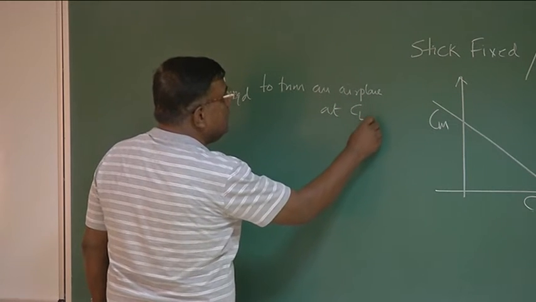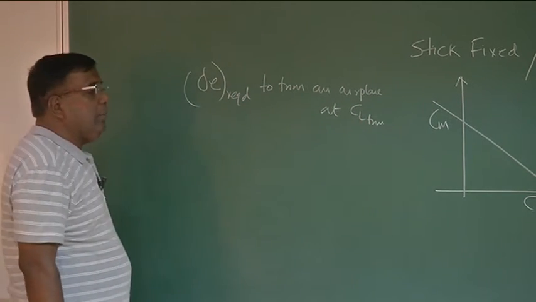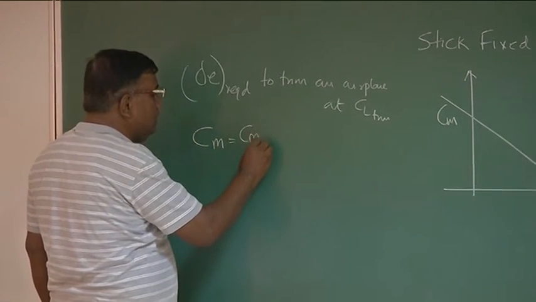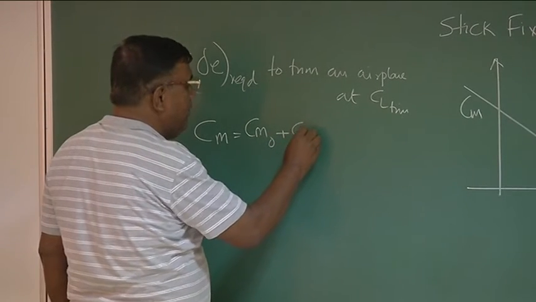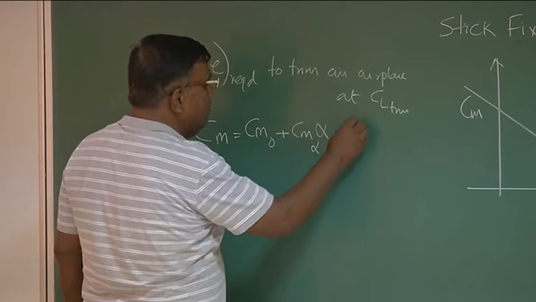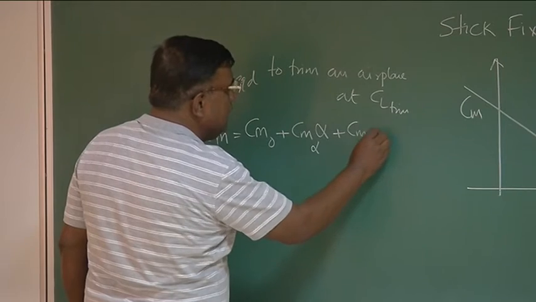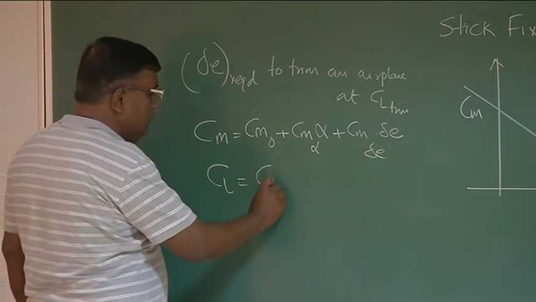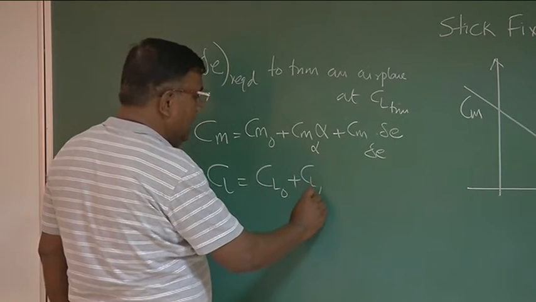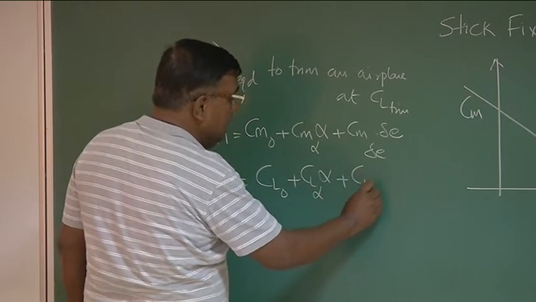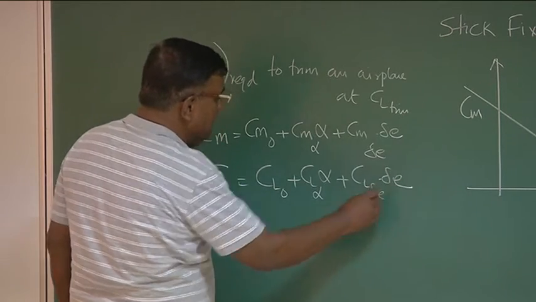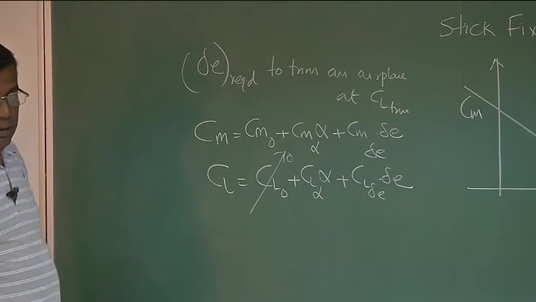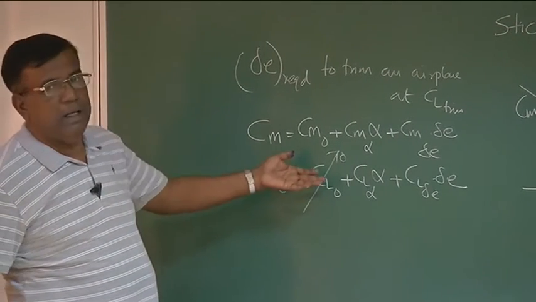what is the delta E required to trim an airplane at some CL trim? What was the approach? We write CM equal to CM naught plus CM alpha into alpha plus CM delta E into delta E, and we know CL equal to CL naught plus CL alpha into alpha plus CL delta E into delta E. In the class, we have taken this CL delta E value to be 0, which is not really 0, but for simplicity we have taken it as 0.